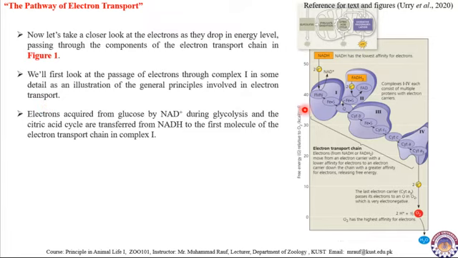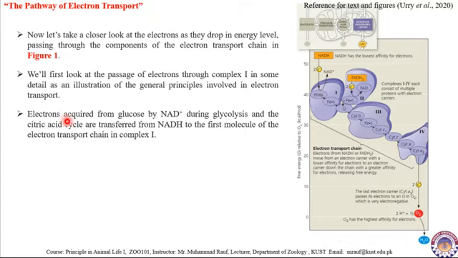Okay, we accept that these are the carriers of electrons and they pass electrons from one to another, but where do these electrons come from? Remember those NADH and FADH2 which are produced in glycolysis, in the link reaction, and then in the Krebs cycle. These high energy electron carriers NADH and FADH2 are the ones which deliver their electrons and start this chain.